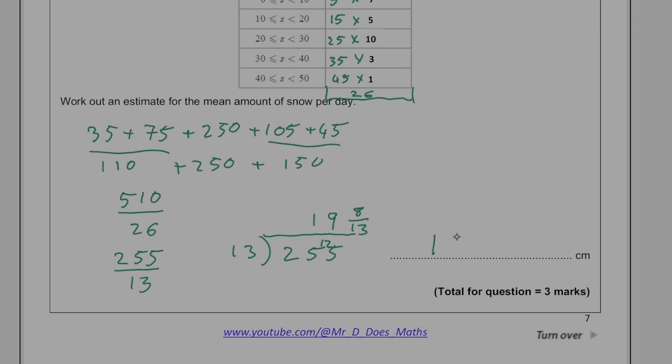I'm going to leave that as my answer. 19 and 8/13. If I go decimal, I'm not going to get a very pretty number. We could do the start of it, so it would be 19.8/13. 8 goes into 13 fully 6 times, so 19.6 would be okay.